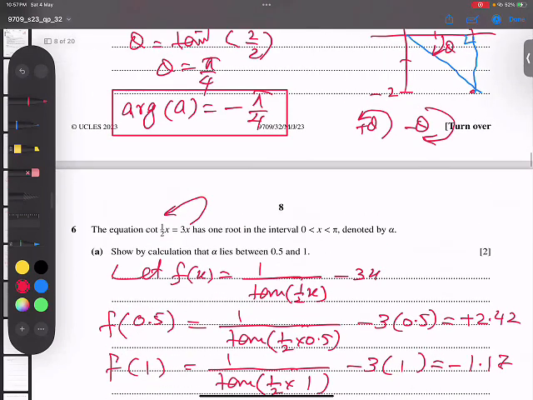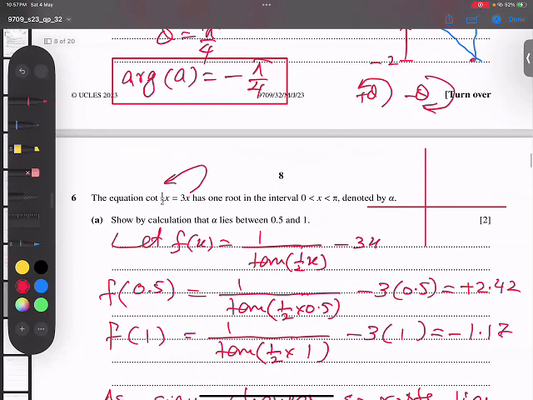Logically, student, I explained in my previous lectures, suppose this is a graph with positive and negative. If 0.5 is here, I find the point is positive 2 something. And against 1, I got a negative value. This is called the root.